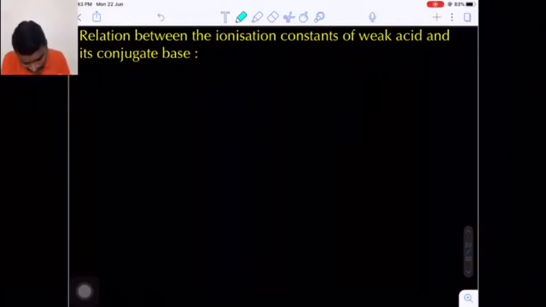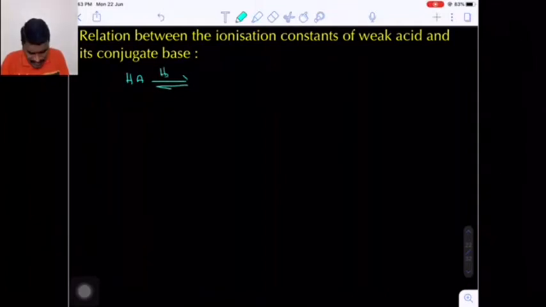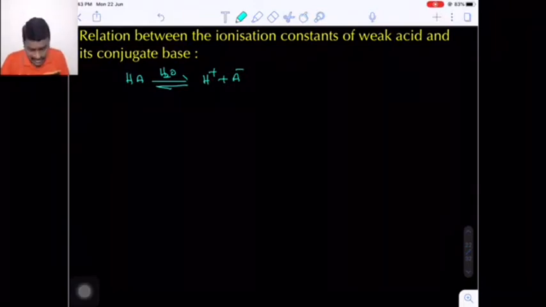Now here, let's suppose I have a weak acid HA. Okay. Now how is it dissociated in water? As H plus and A minus. Are you getting my point? The aqueous solution of HA dissociates as H plus and A minus in water.